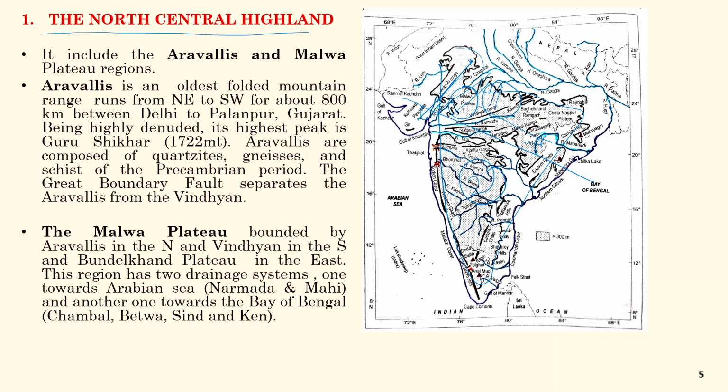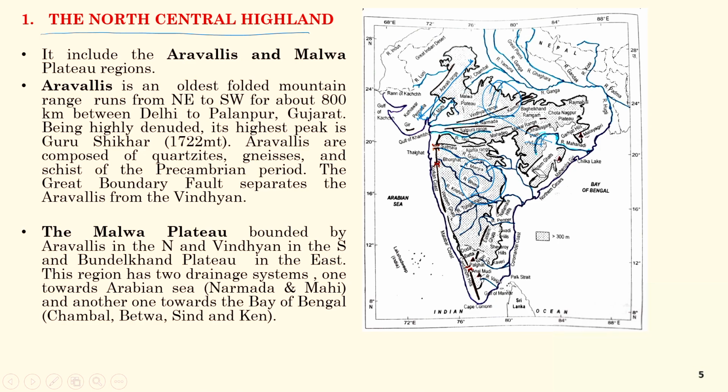Being highly denuded, its highest peak is Guru Shikhar, lying south of the Aravalli range, with a height of 1722 meters. Aravalli are composed of quartzite, gneiss and schist of the Precambrian period. The Great Boundary Fault separates Aravalli from the Vindhyan range.